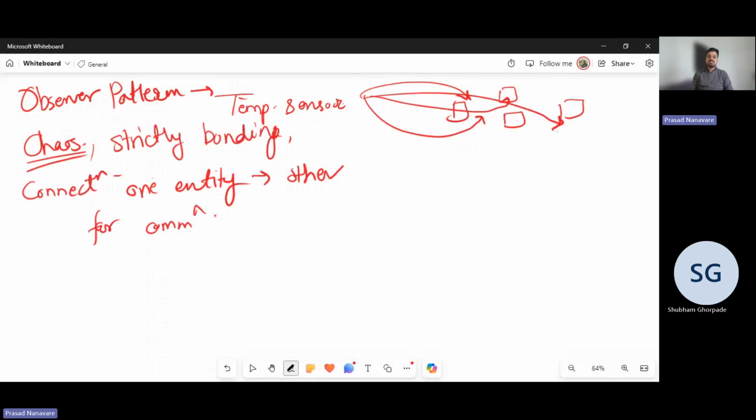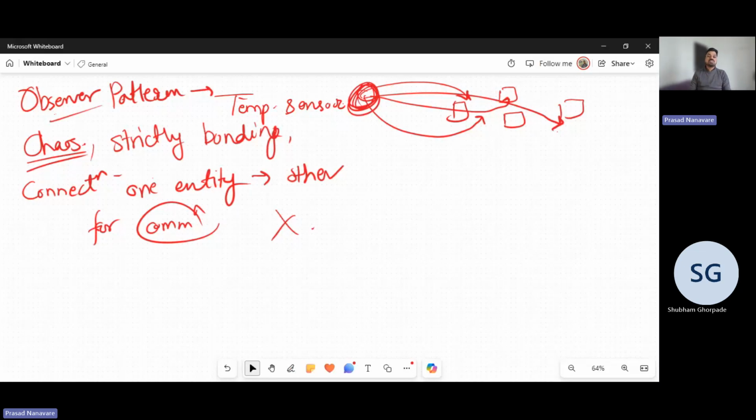But is this seamless? No, this is not seamless communication. It is a very complex communication. Multiple components need to be notified when a certain event occurs. The event has occurred here and multiple components needed to be informed. So this is a problem for us.